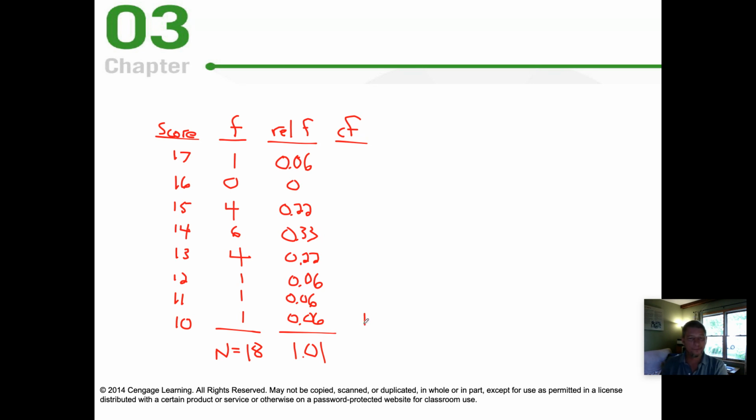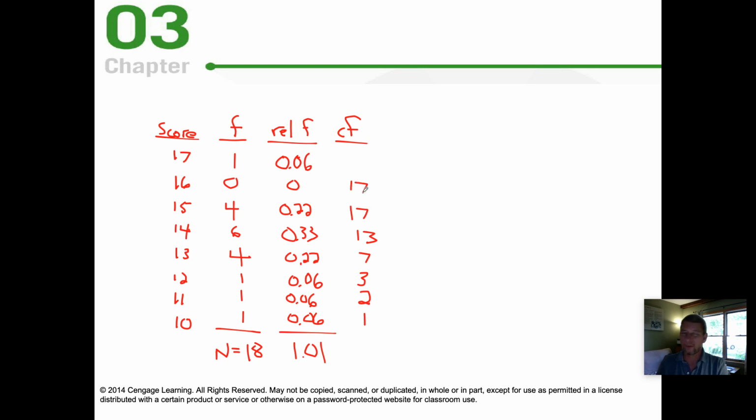For 11, 1 plus 1 is 2. For 12, 2 plus 1 is 3. For 13, 3 plus 4 is 7. For 14, 7 plus 6 is 13. 13 plus 4 gives me 17 for 15. 17 plus 0 is still 17.